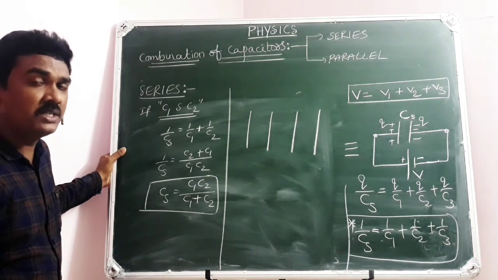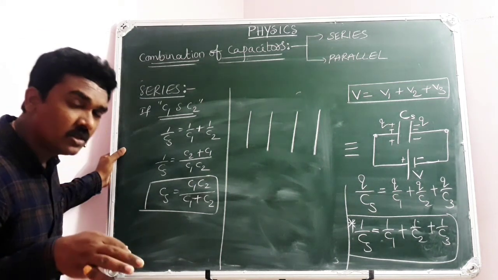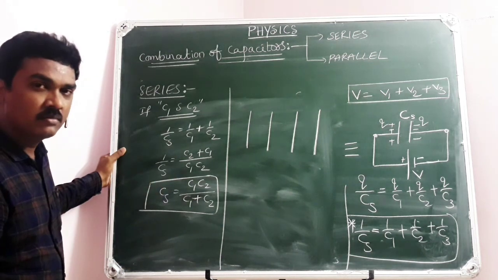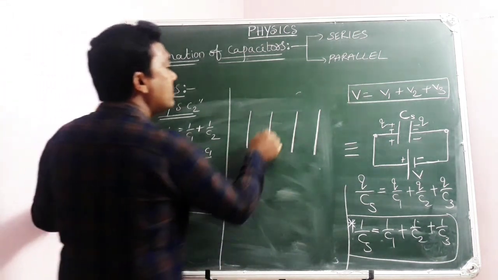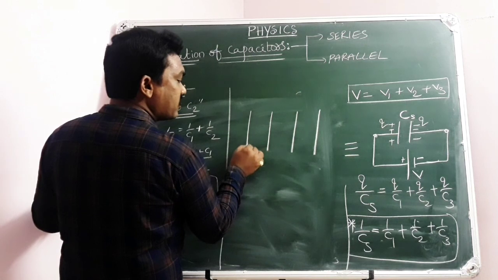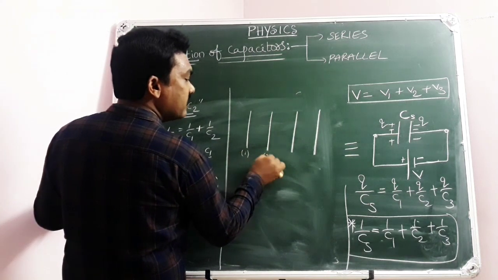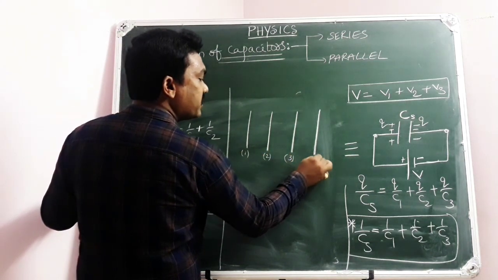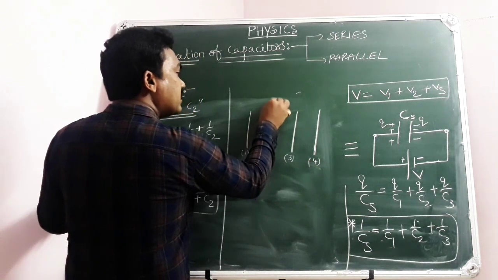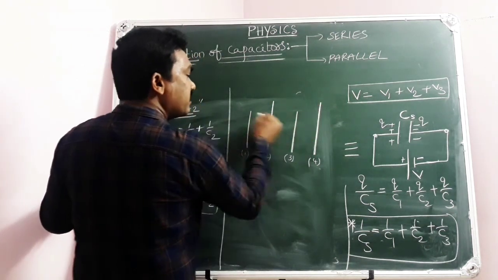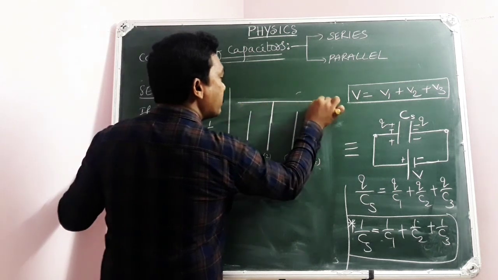You can have a combination of different capacitors using the 4 plates. Yes, let me show you. See, this is the first plate, second plate, third plate and fourth plate. Let me take the second plate and fourth plate given to the positive terminal of the battery.